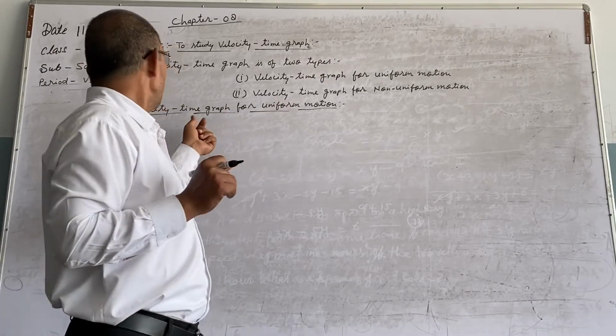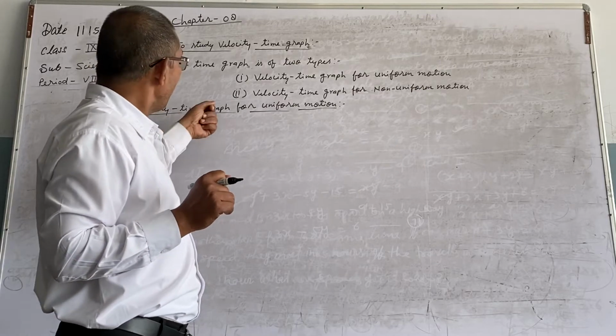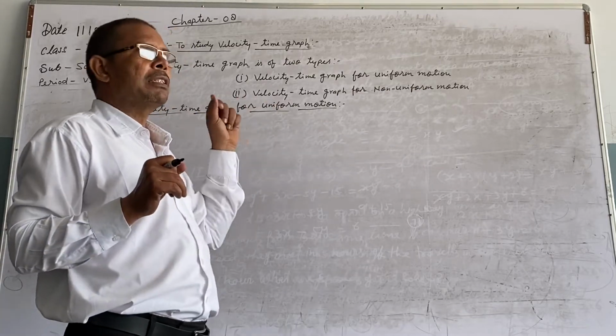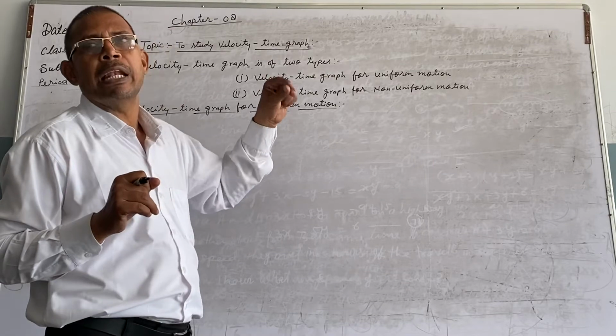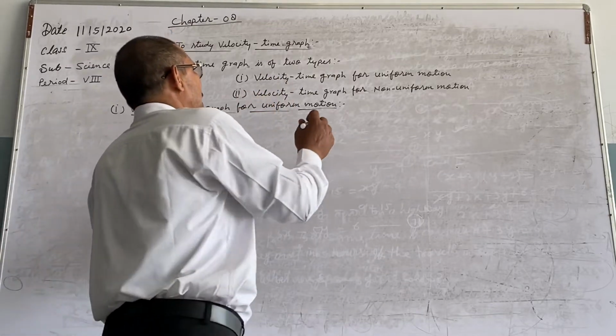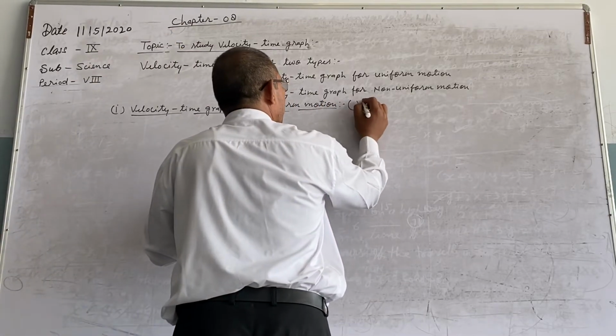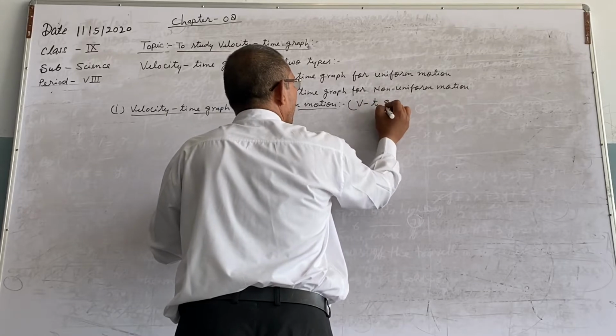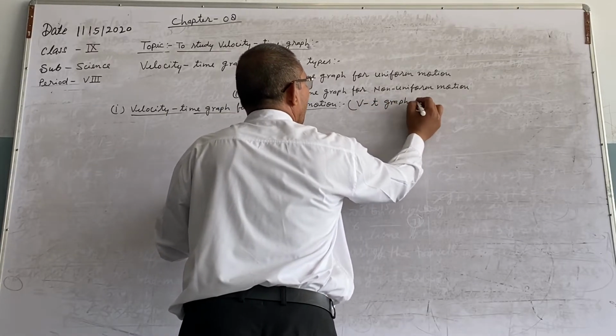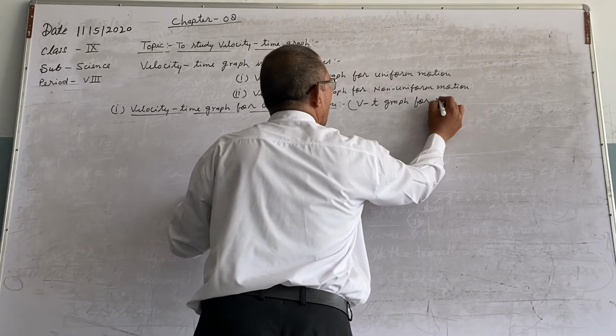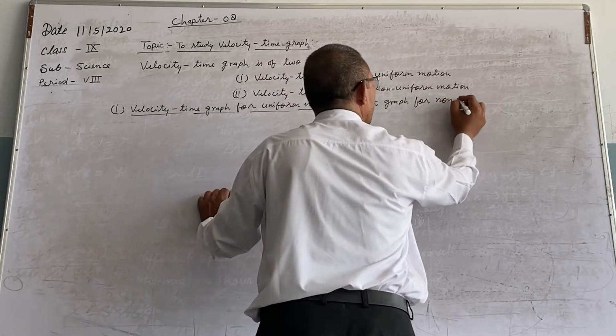Velocity time graph for uniform motion means velocity time graph for non-accelerated motion. This is also called a velocity time graph for non-accelerated motion.